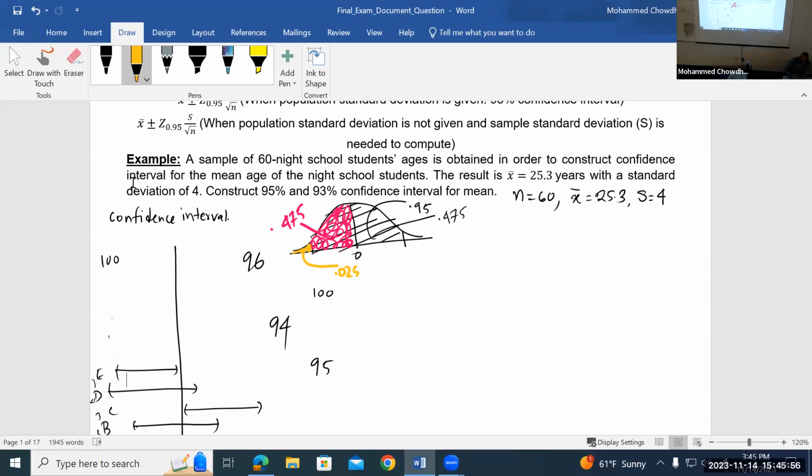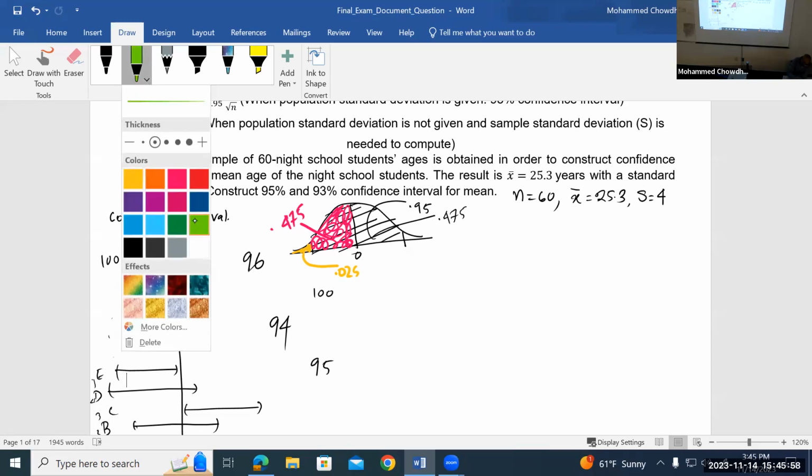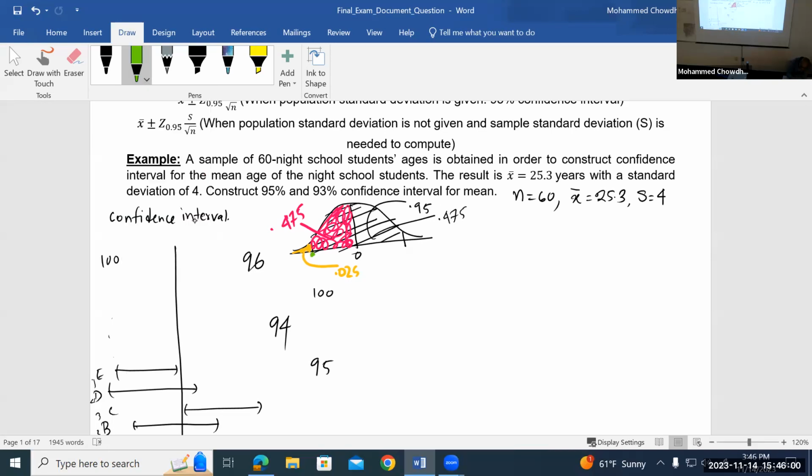Now I have to find this value. What is the Z value in here, this green one? Let me write it in green. Z of 0.025 equals negative 1.96, because this is negative, right?